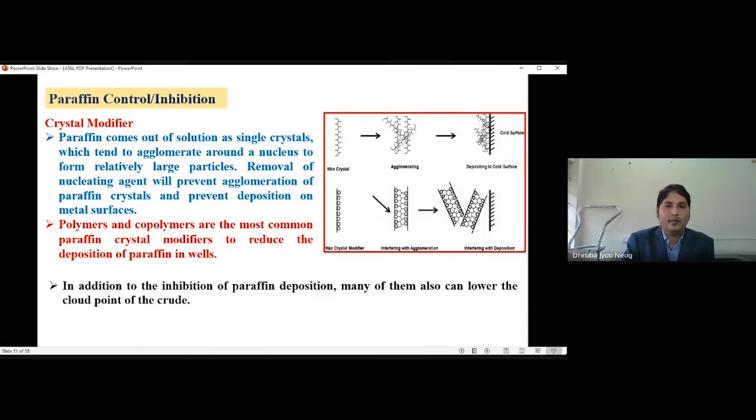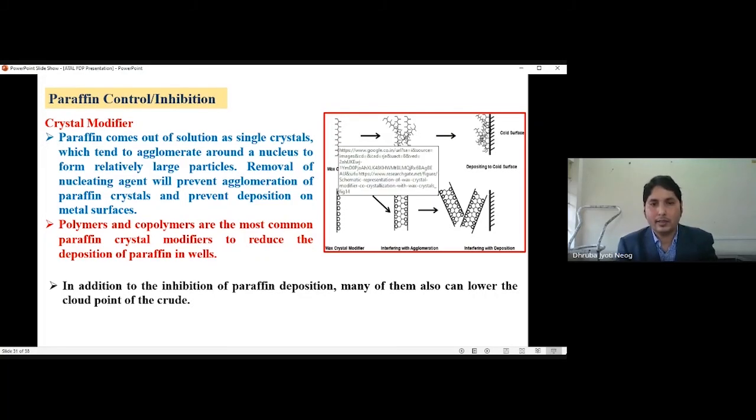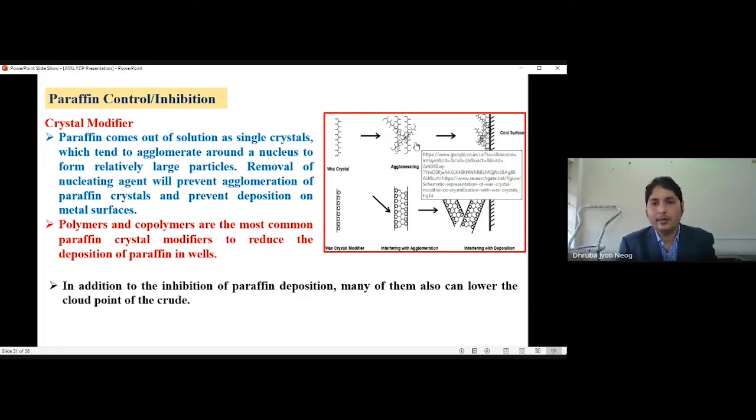In the case of crystal modifiers, paraffin crystals come out as single crystals when they first start building up. These paraffin crystals will agglomerate if they find a nucleus that helps support the agglomeration process. Here you can see single waxy crystals agglomerating because they are getting a nucleus, and this agglomeration process finally builds up deposits on cold surfaces.